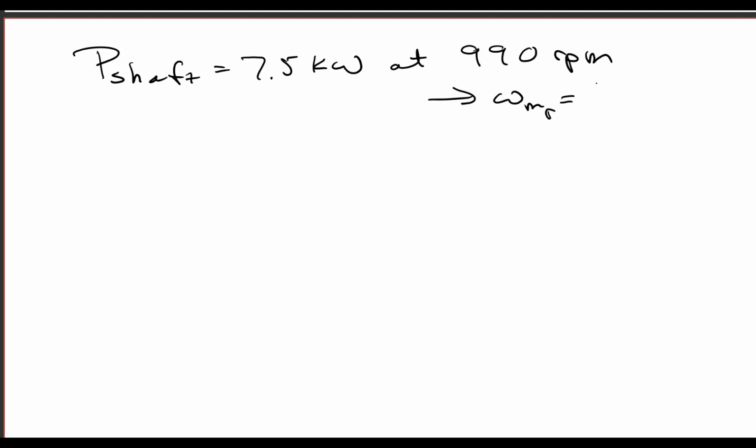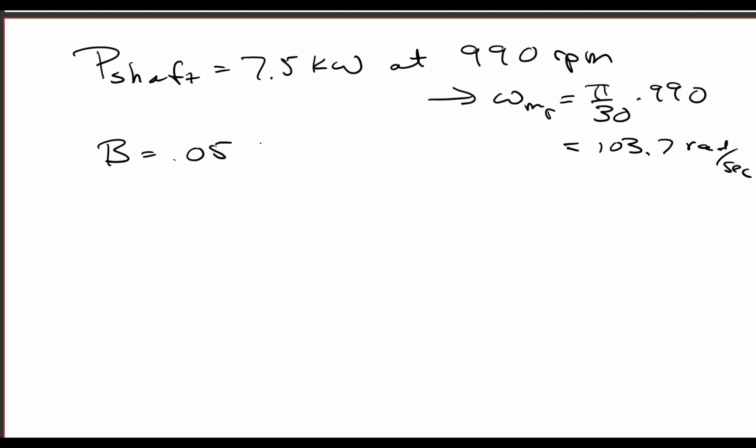P shaft that's being applied is 7.5 kilowatts, at the rated speed of 990 RPM. It's not nominal, it's rated, for the application. So omega M rated is pi over 30 times 990, which is 103.7 radians per second. We also gave you damping losses, B equal to 0.05 Newton meters seconds.